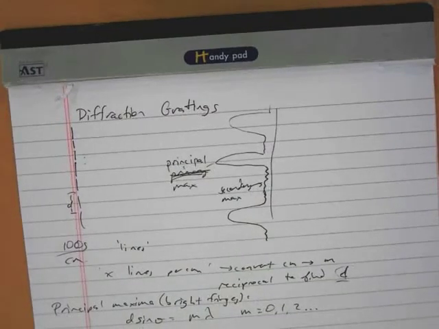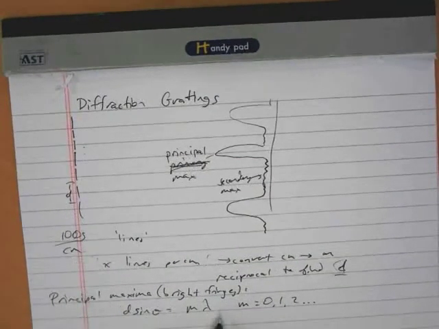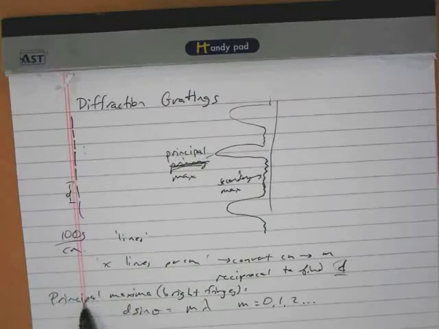Note that this is related to the wavelength, so if you have white light, it'll spread it all out. Each wavelength will have different places where constructive and destructive interference occur, so the principal maximum for blue will be at a different place than the principal maximum for green, and so forth. And so you see this rainbow when you have a diffraction grating.